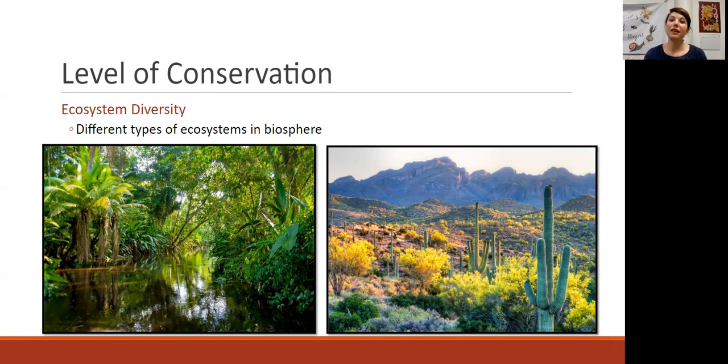So how many types of ecosystems do we have in the biosphere? A healthy biosphere has a lot of different types of ecosystems. You know, we have our rainforests, we have our deserts, we have mountains, we have marine environments, aquatic environments. We have all these different kinds of ecosystems, and they're each important to playing a role in a healthy biosphere as a whole. So we want lots of good, healthy ecosystems in order to have good ecosystem diversity.